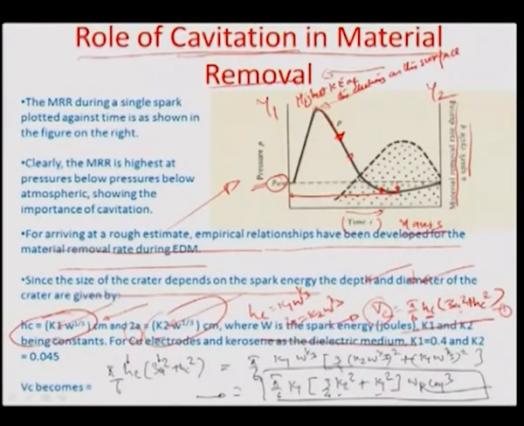So a rough estimate of the MRR can also be arrived at based on the melting temperature of the material in question. If theta m is the melting temperature, empirically there may be a relationship between the material removal rate and that temperature.